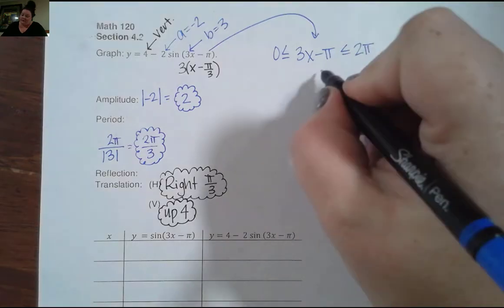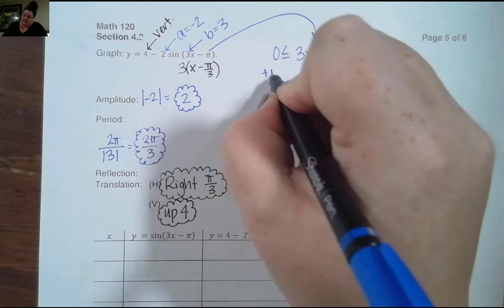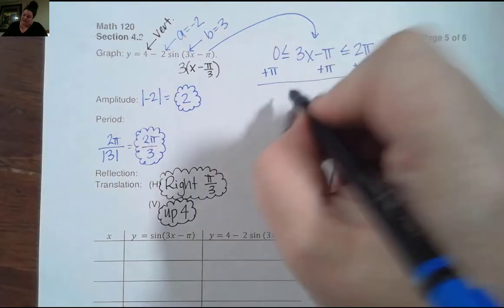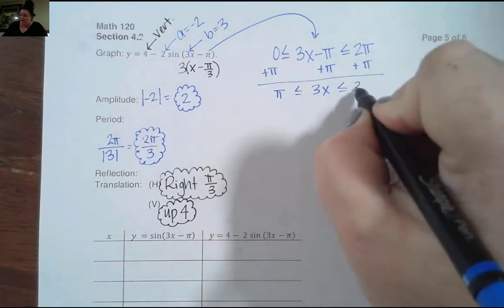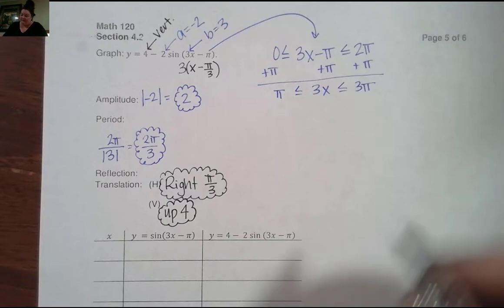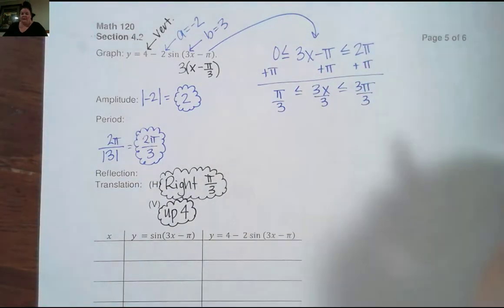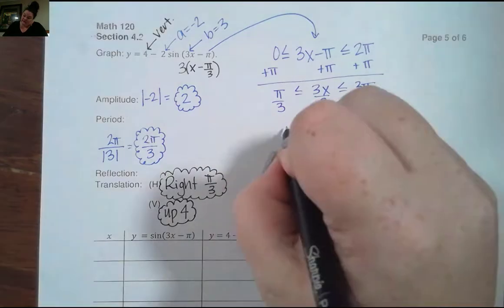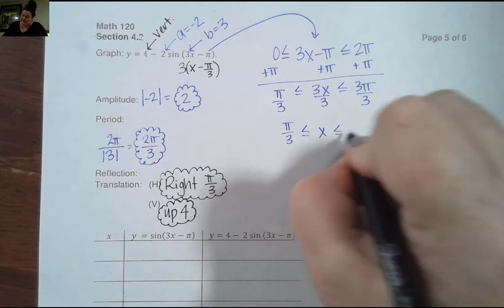So I'm going to go ahead and get rid of the pi first by adding. Add pi to everything. So I have pi is less than or equal to 3x is less than or equal to 3 pi. And then I'm going to divide off my 3. If I divide by 3 in the middle, I have to divide by 3 on the outsides.